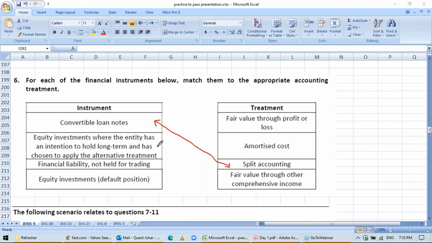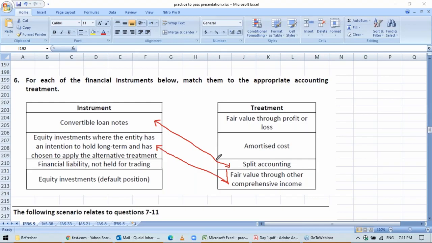So in case they have made an irrevocable election, then the investment will be carried at fair value through other comprehensive income. Then financial liability not held for trading. There are just two categories of financial liabilities.